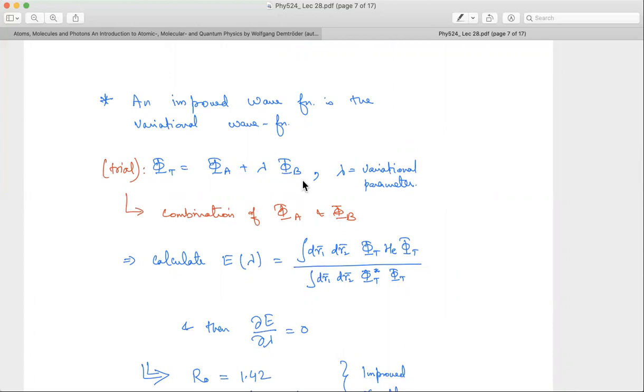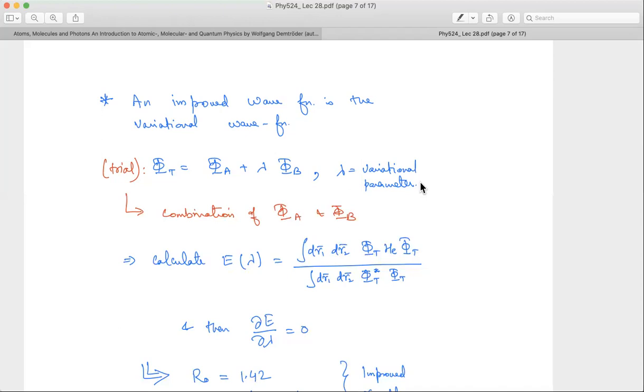I choose phi B based on the fact that this was also sigma G plus, and on the left side I had a spin multiplicity of one wave function. So I just use the sigma G wave functions to construct this. In principle, you can try other combinations also and do a lot of calculations and then figure out what is the lowest energy. Now you do the same calculation with lambda being a variational parameter.